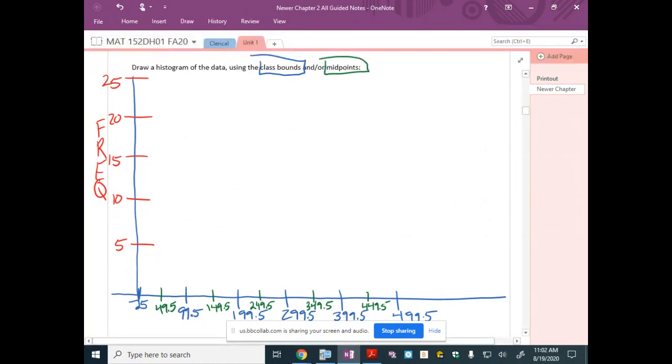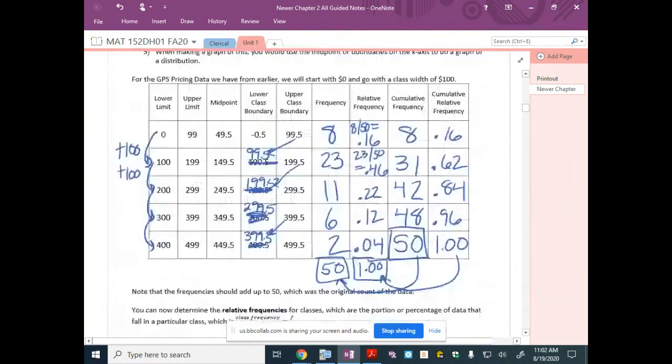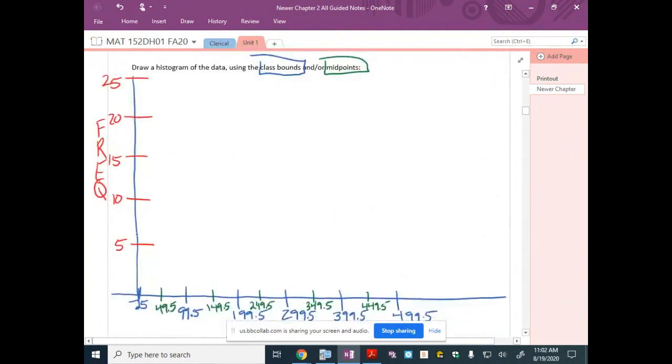So now, the first frequency was how many? 8. So I'm going to draw that 8 there. Now, what was the frequency for the next set? 23.